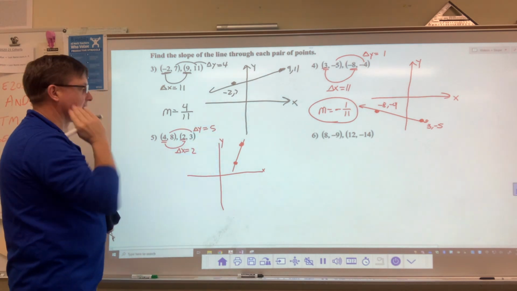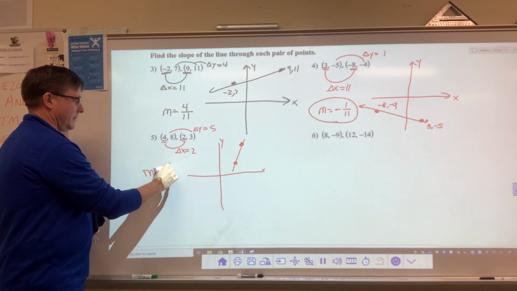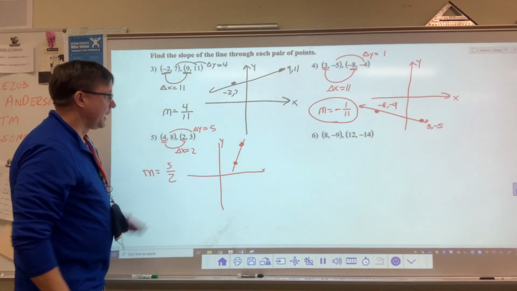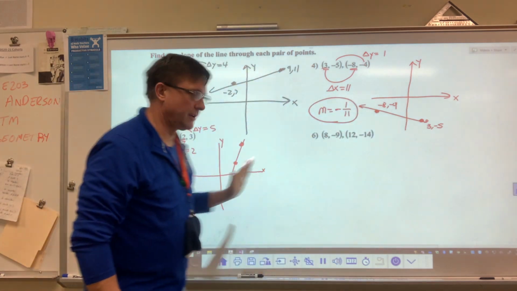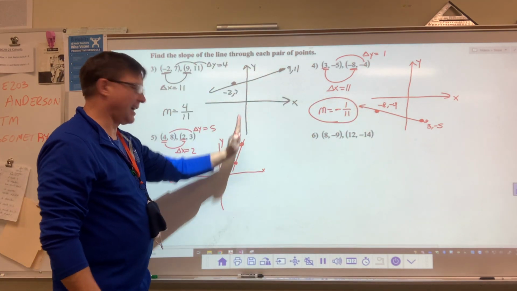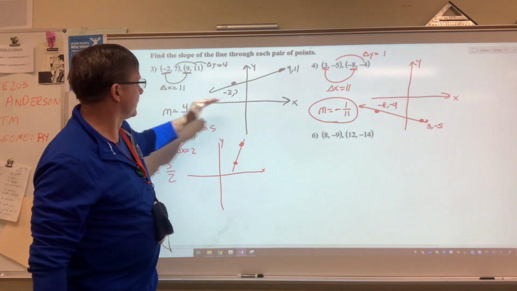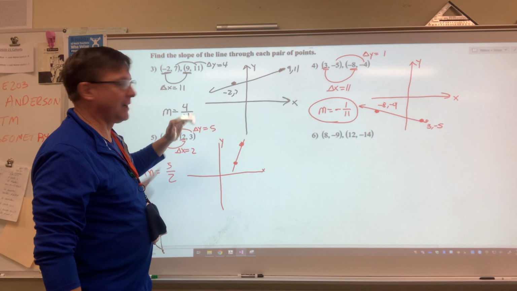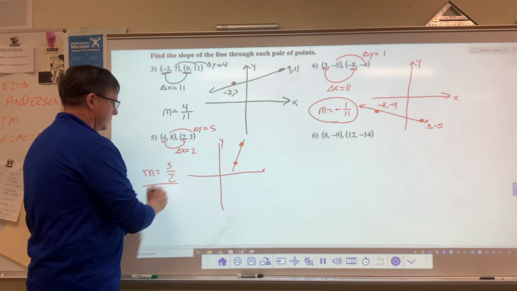You can tell that this is positive, so the slope is 5/2. And everyone, remember we pay attention to how steep a line is. You can tell on number 5 how steep this is. It's more than 1, it's a very steep line. Where you look at number 3, it was 4/11, a very shallow line, okay? But 5/2 is the answer.